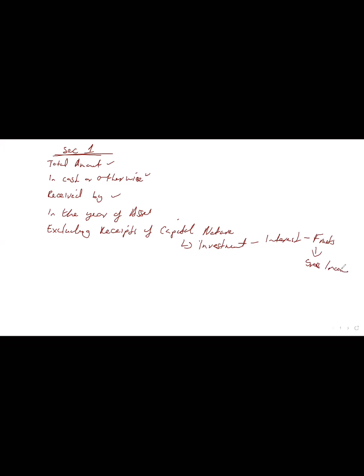Does it make sense? Yes. So that's why when you sell the investment, then you're attracting capital gain. So after these topics, we then go into capital gain. All right. So everything is coming together.